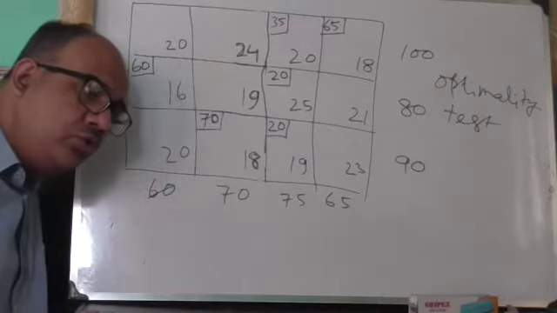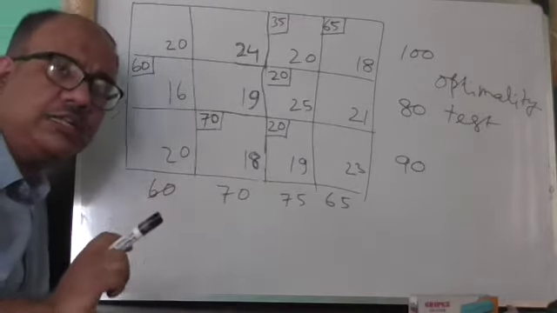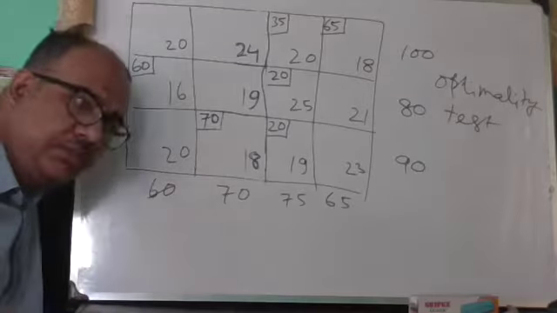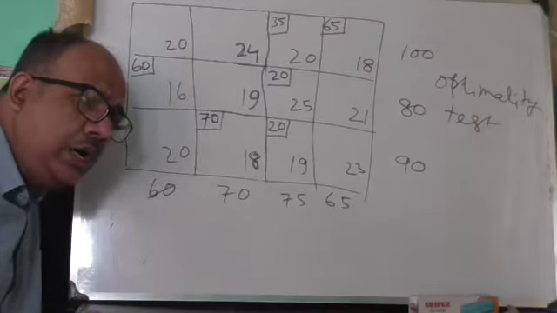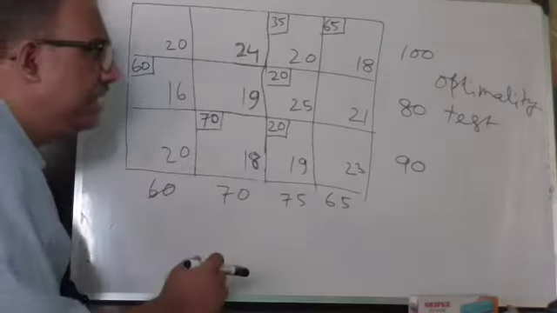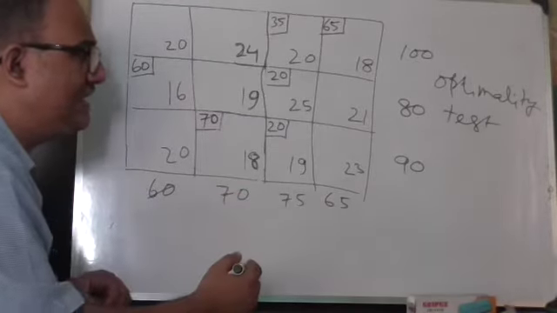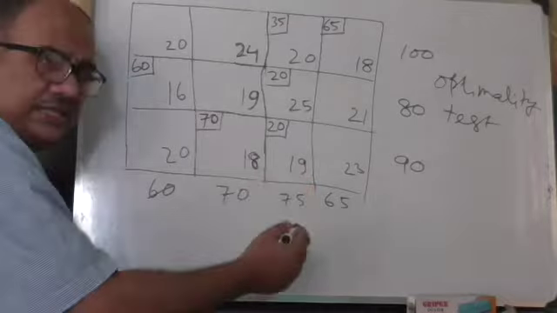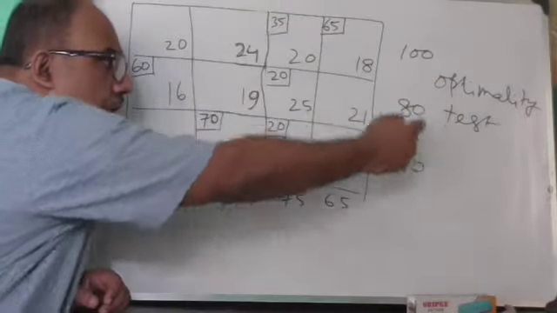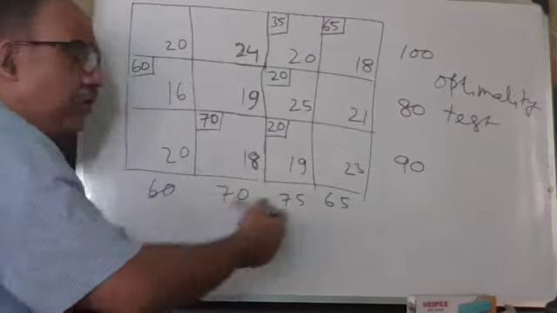Now, to go to the optimality test, another thing is to be checked. In the case we have discussed previously, there are 7 constraints, 3 for the origins and 4 for the destinations.